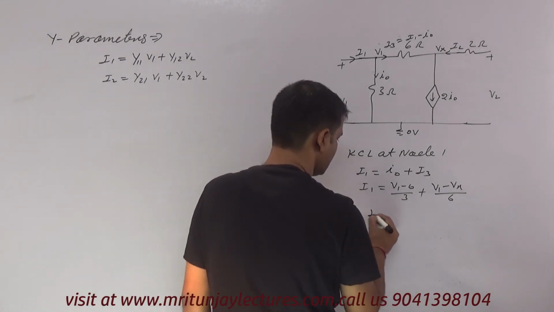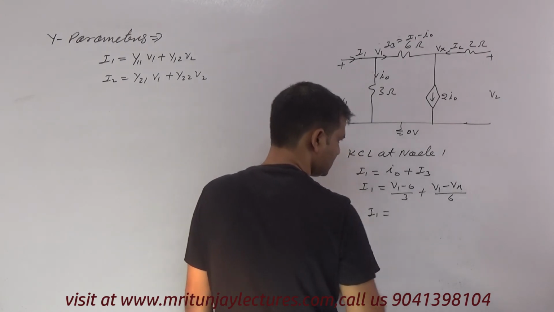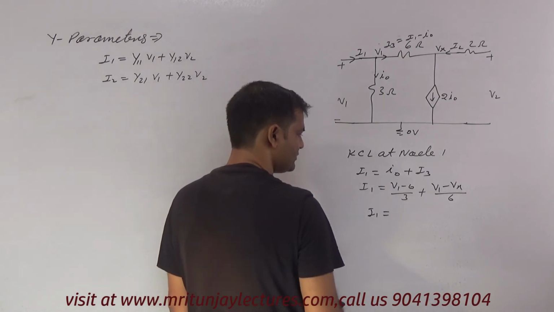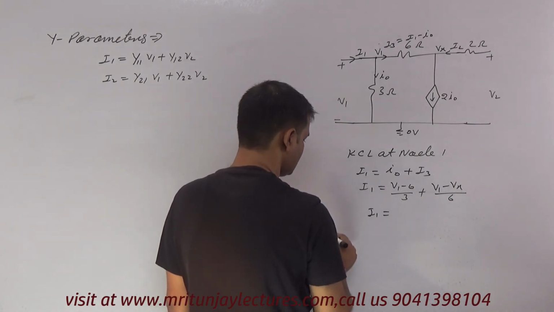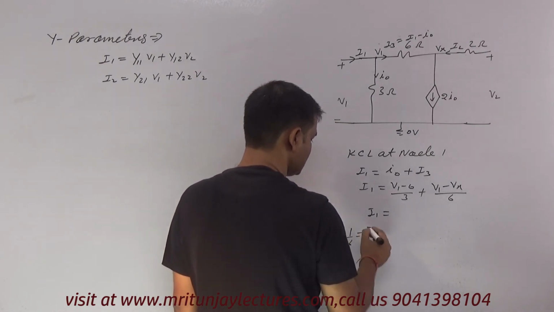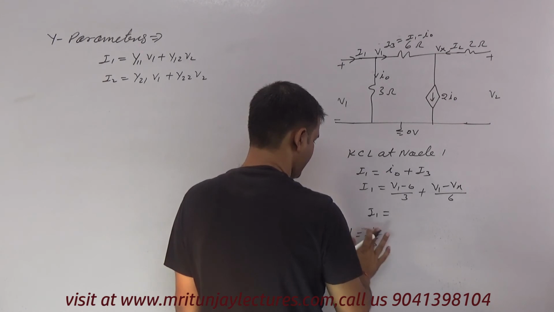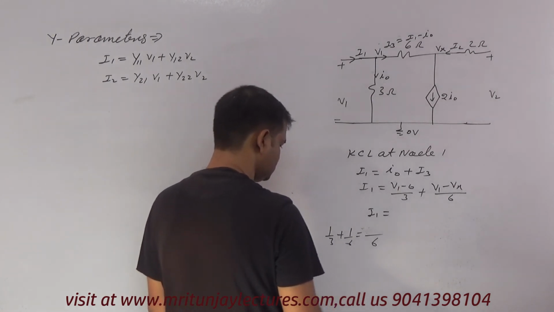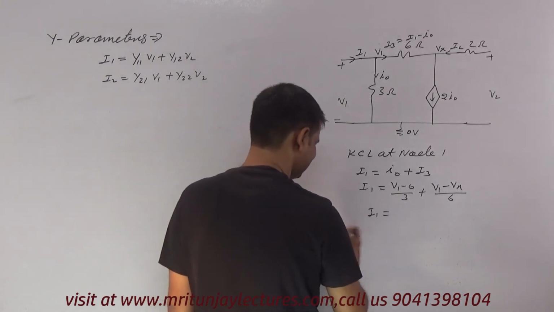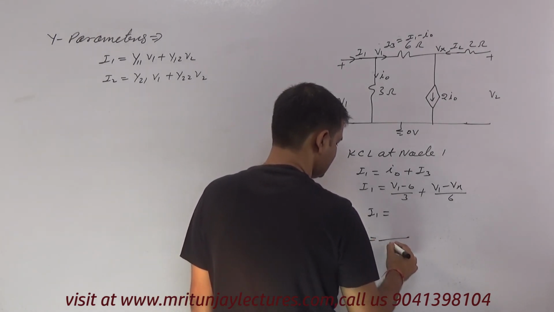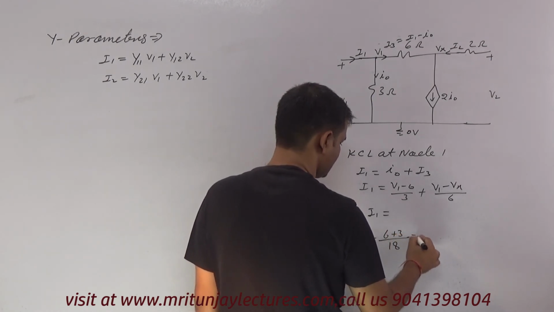Okay, so I1 is written as 1 by 3 plus 1 by 6, that is 6 plus 3, 9, 1 by 2.